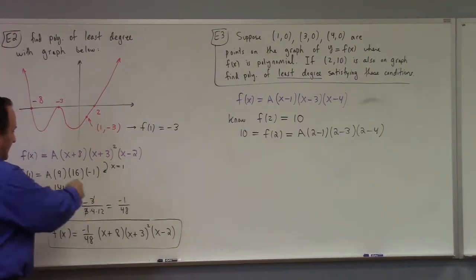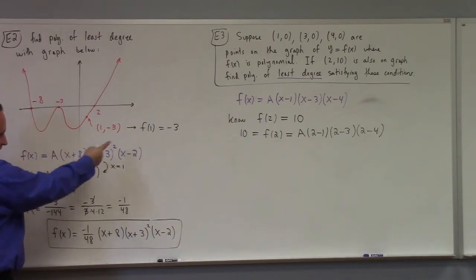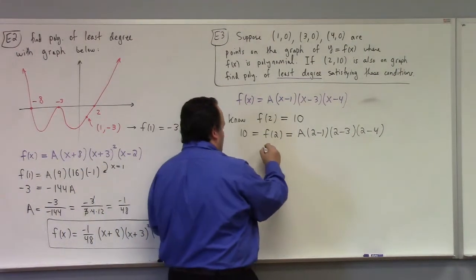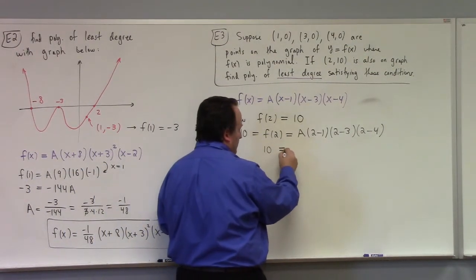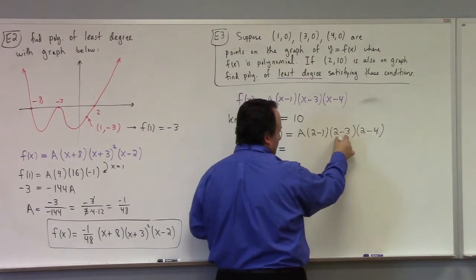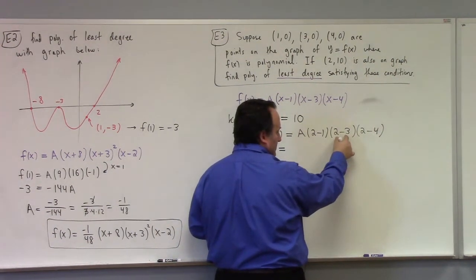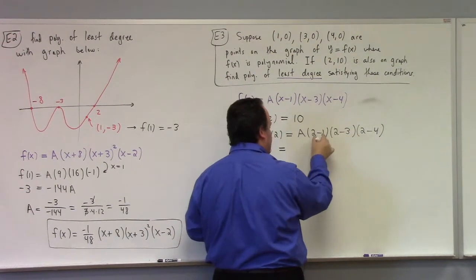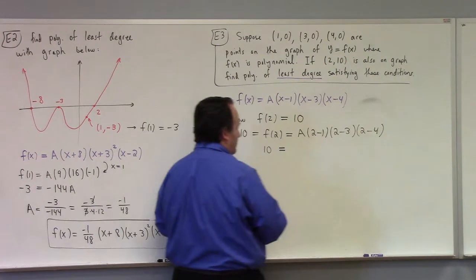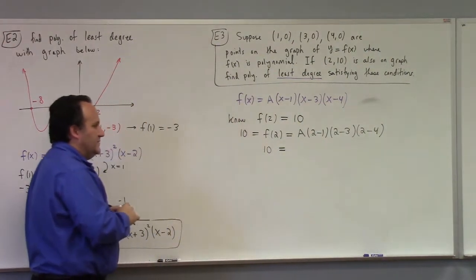Just like the last one, we plug x equals 1 into it. Now we're plugging x equals 2 into it. What does that give you? 10 equals a times... wait a minute, no, this is 1, this is minus 1, this is minus 2.